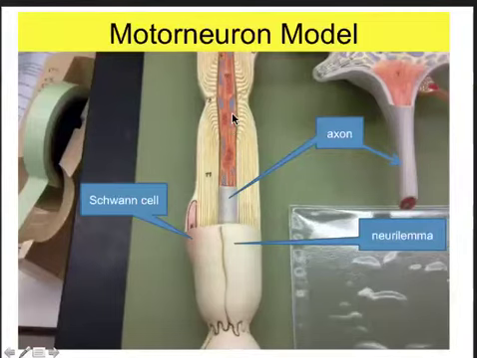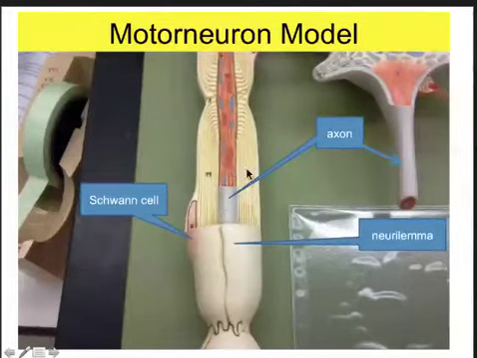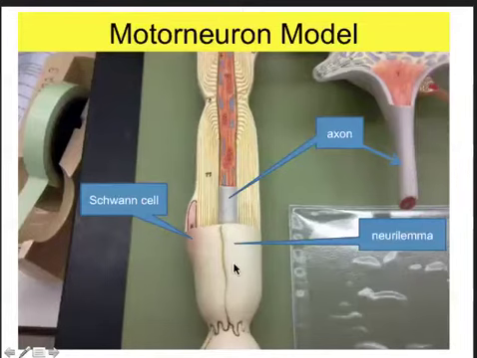You can also see some Nissl bodies around here, and this serves as a way for the neuron to transport material back and forth from the axon terminal to the soma, and from the soma to the axon terminal. So it's sort of like a set of conveyor belts that allow these things to be moved around inside the cell.